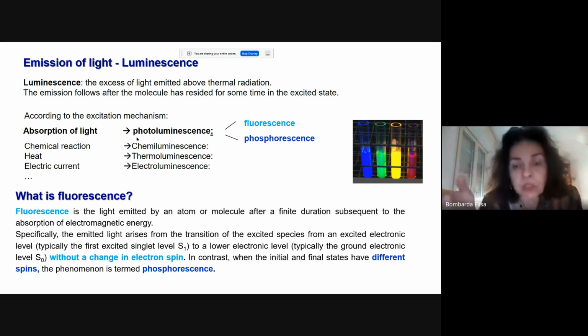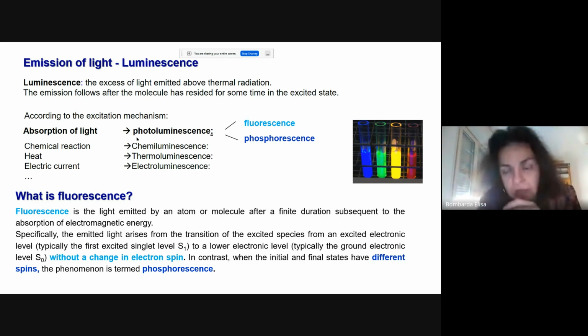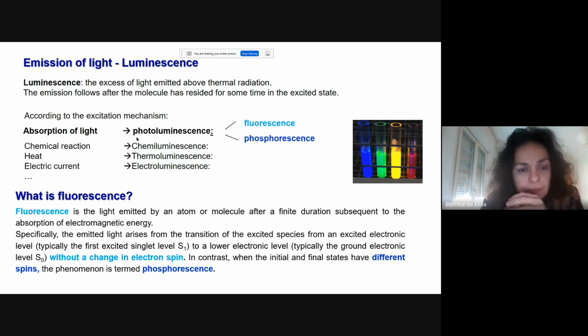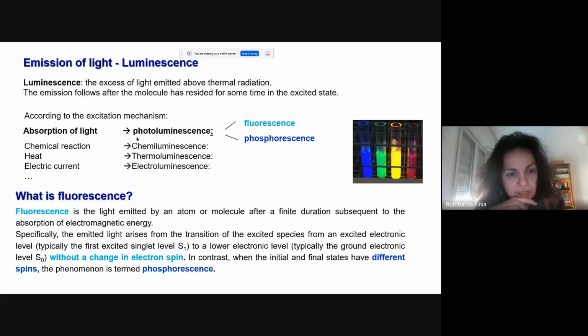And that's what we will see when we focus on the Jablonski diagram. That typically happens between the first singlet excited level, S1, and the ground electronic level, S0. In contrast, when the initial and the final state have different spin, so from a triplet to a singlet state, then we have phosphorescence.